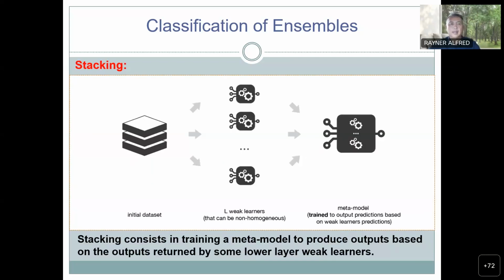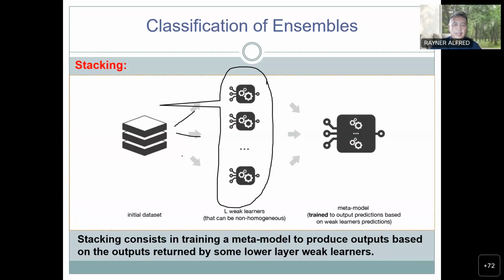The third one is stacking, in which you stack all the classifiers. These could be different classifiers or the same classifier, and you partition your data, and then you take the outputs to make the meta model or the meta classifier.